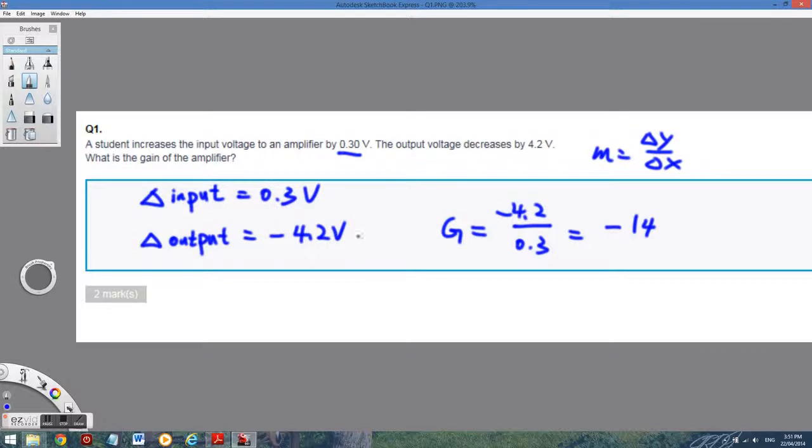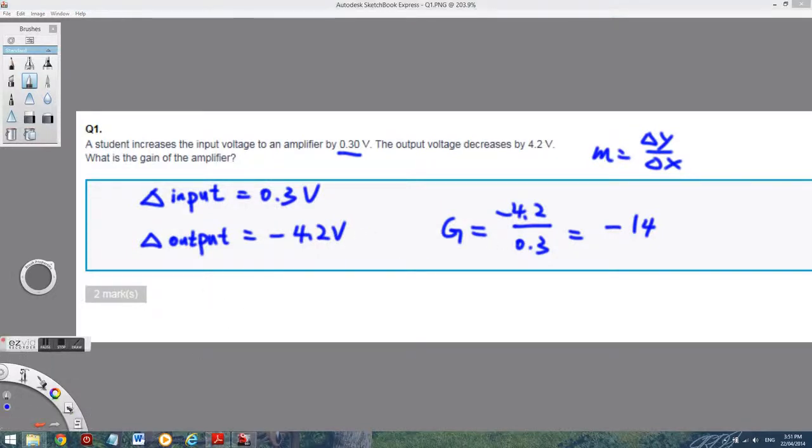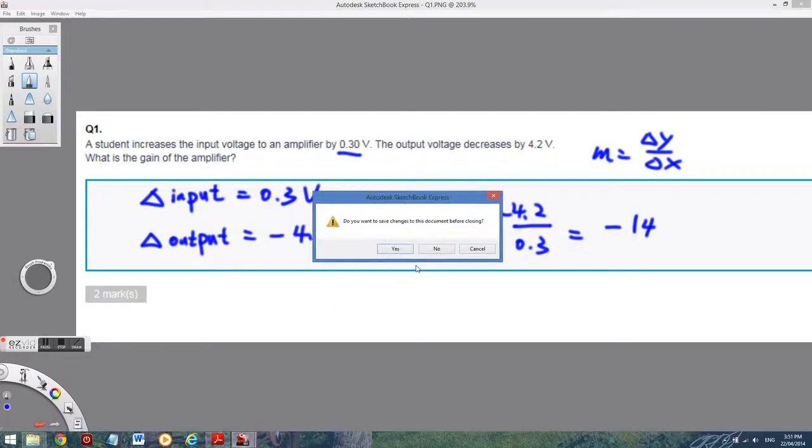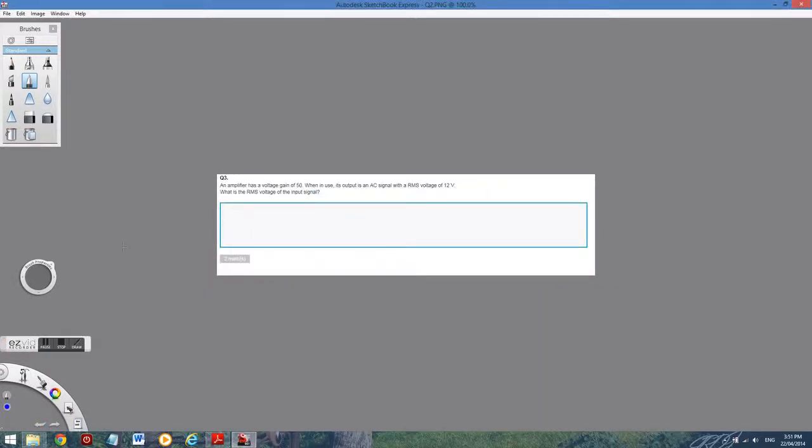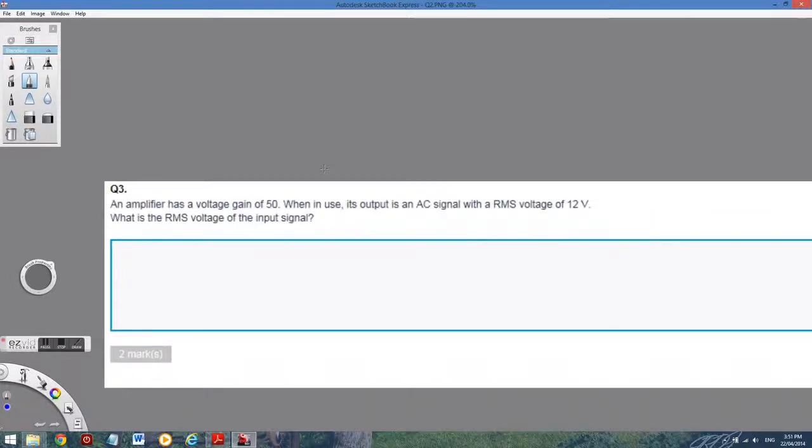Now let's look at the next question. Let me enlarge it. We have an amplifier that has a voltage gain of 50. Then the output is an AC signal, the output is 12 volts. What's the input signal?